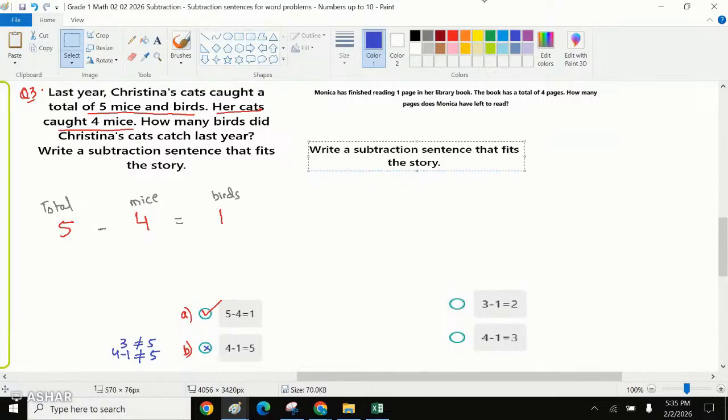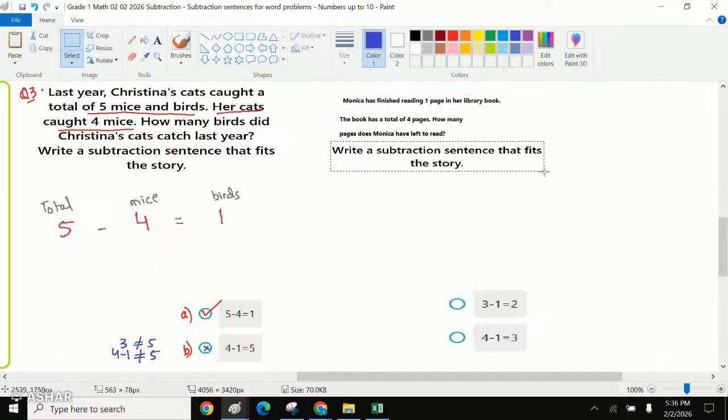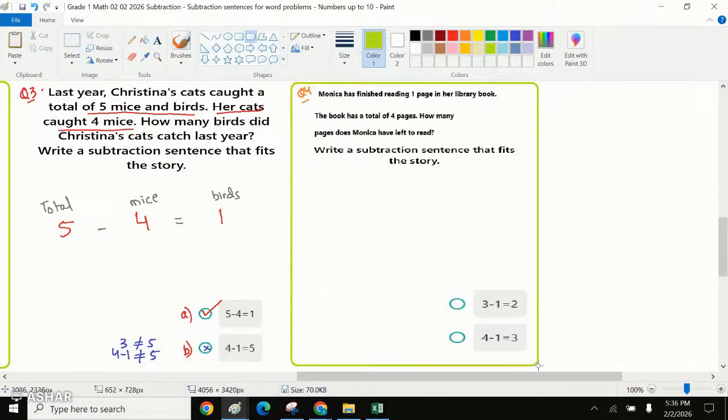Sometimes the font is not aligned. Okay, this is our question number 4.